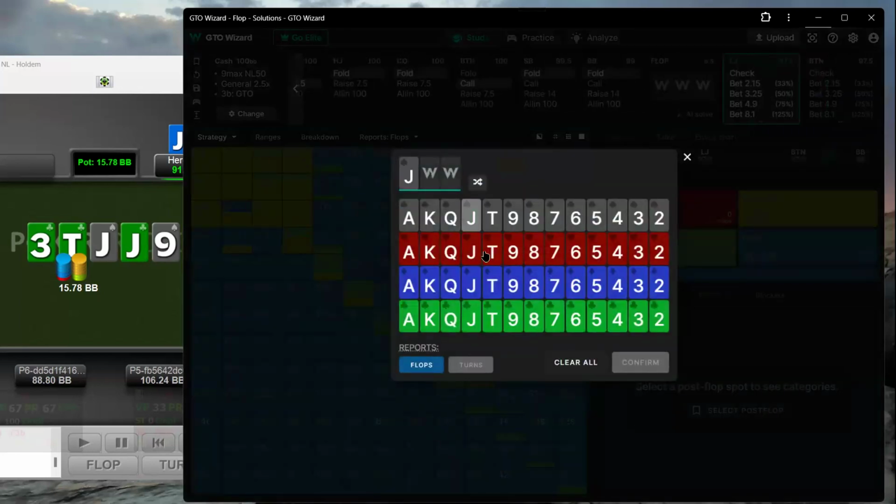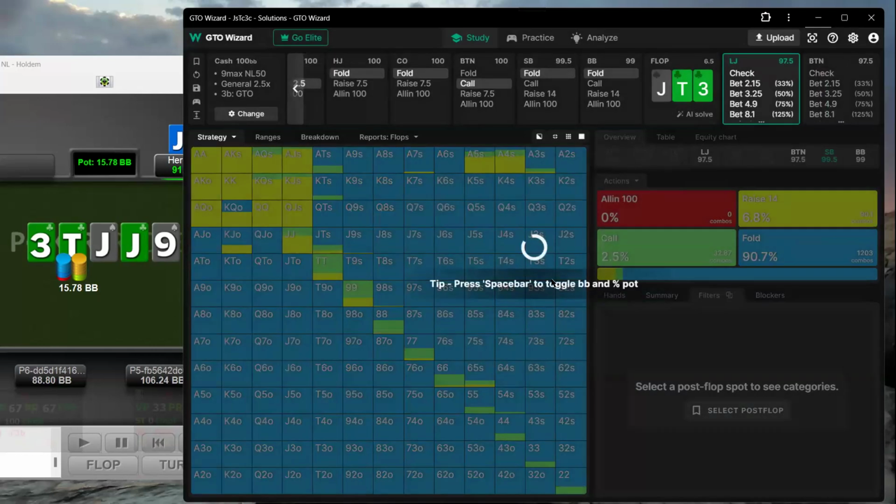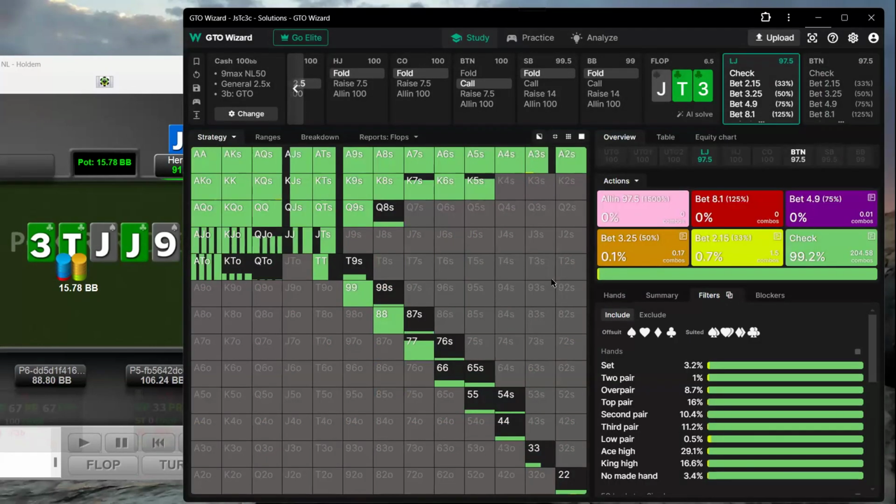What was I doing? This is low jack. The low jack is a pure check range.